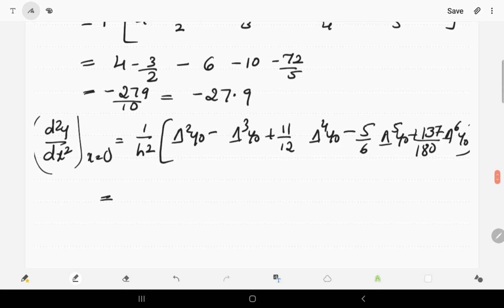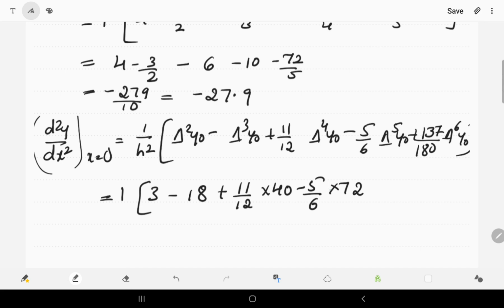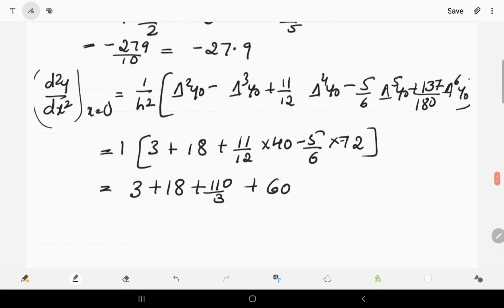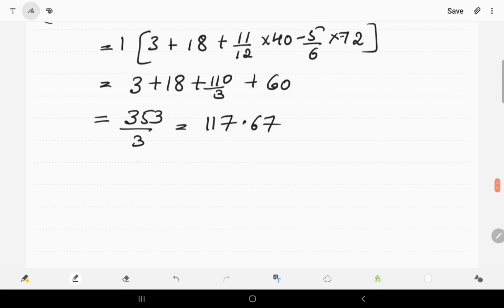Because h value is 1, that is 3 minus of minus 18, which is plus 18, plus 11 by 12 into 40, minus 5 by 6 into 72, so that is 110 by 3 plus 60, which is equal to 353 by 3, that is 117.67. This is the value.